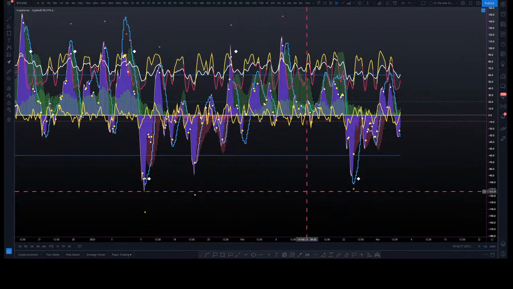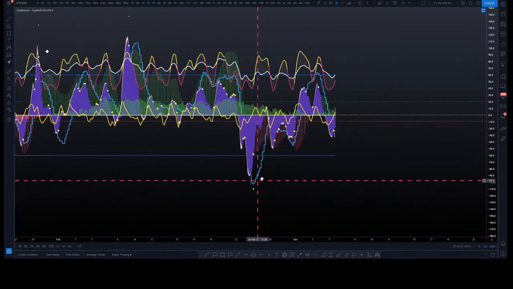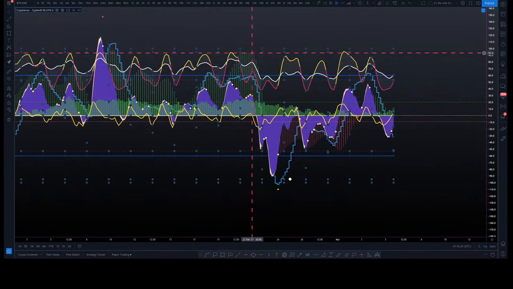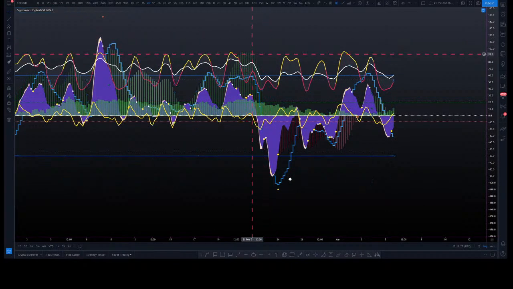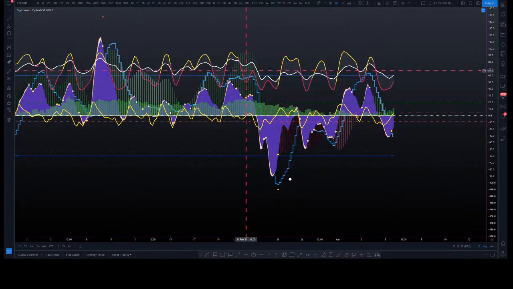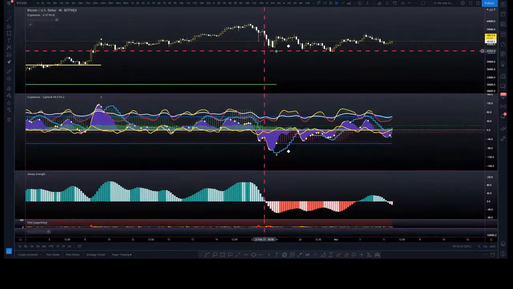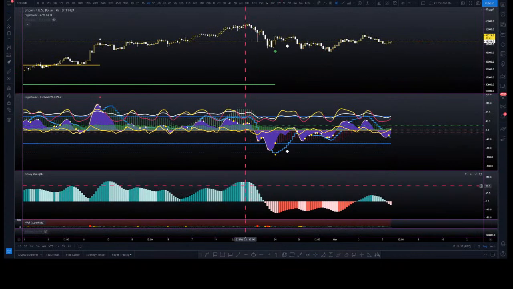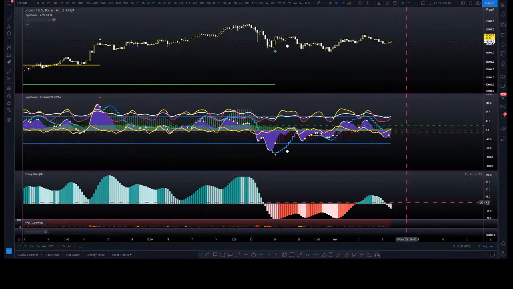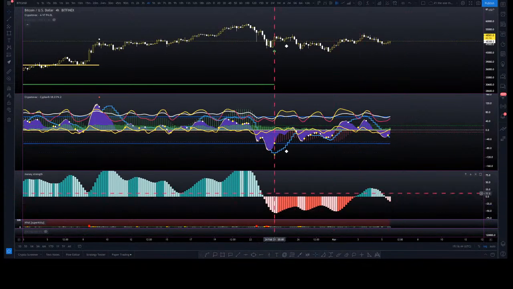We see that there's a different wave in the background. In the back here, this one's red, this one's green, and that right there is your money strength, and it tells you how strong of a move is going on in the back. It's not a MACD. It tells you how strong your move is going to be.